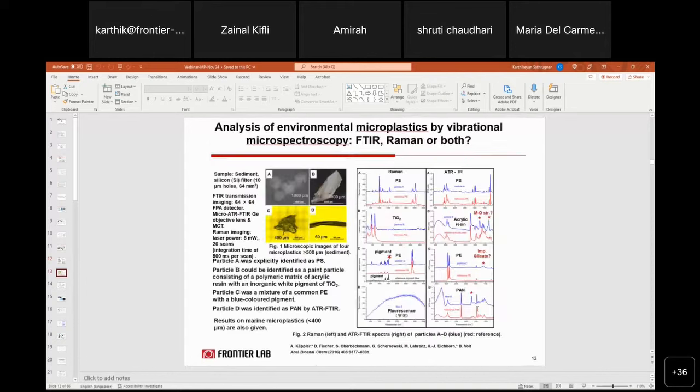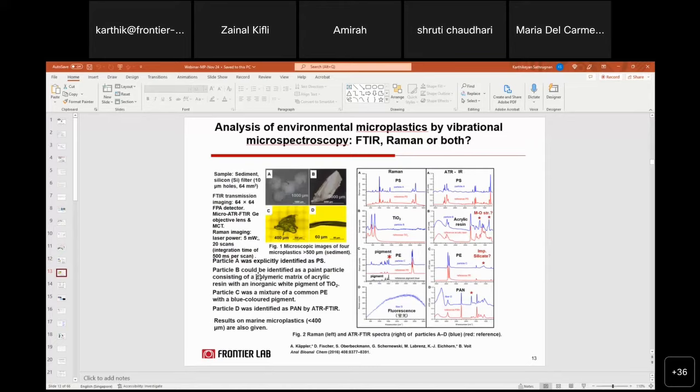These slides briefly summarize the analysis of environmental microplastics from FTIR, Raman, or both. As I said, all these techniques have been widely used, but here I just want to make a couple of points.